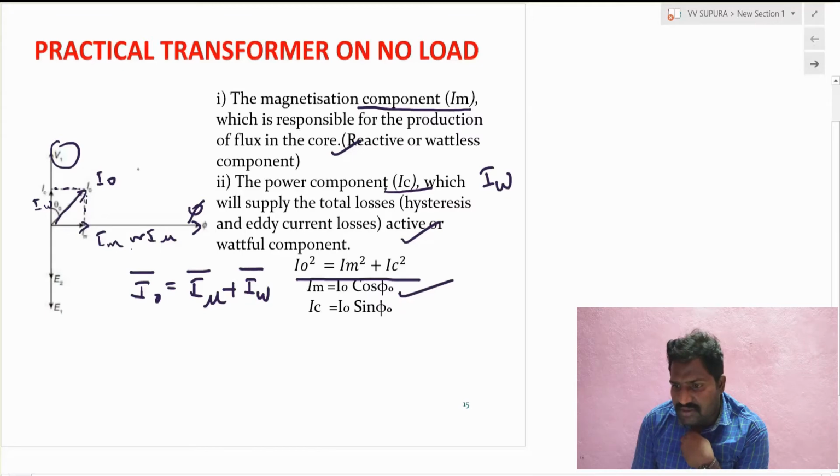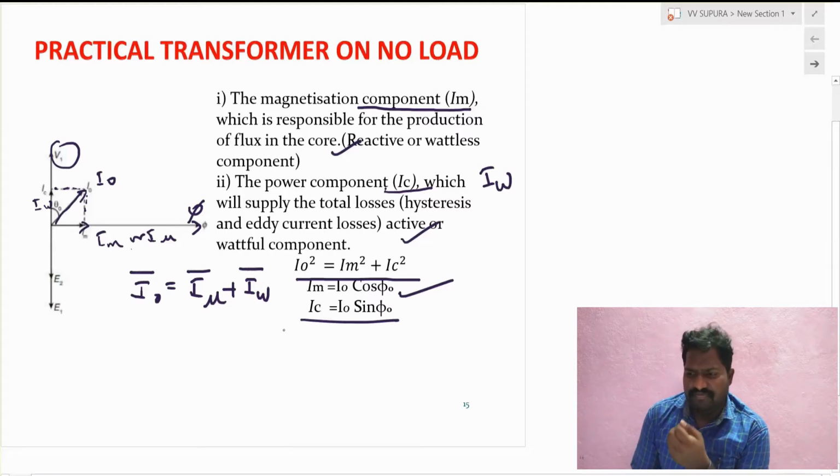From this right angle triangle, cos phi naught is Im by the hypotenuse I naught. In a similar way, sin phi naught is Ic by I naught. These are all mathematics you can understand well.